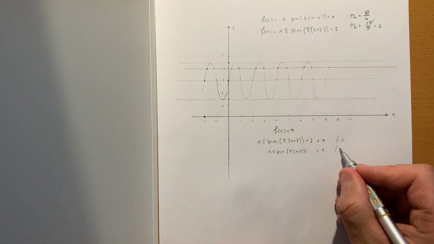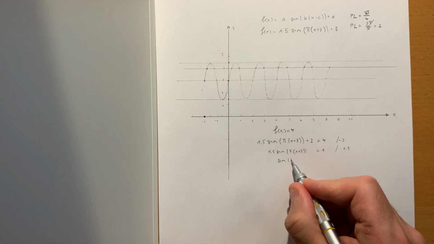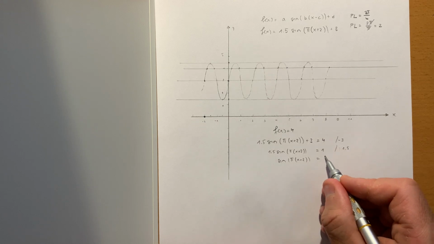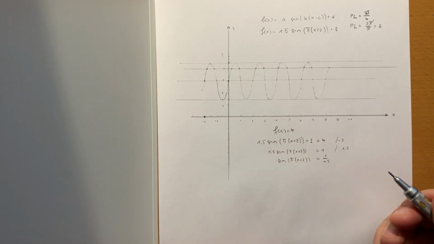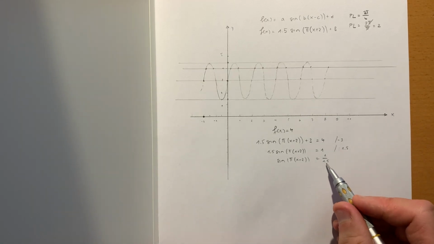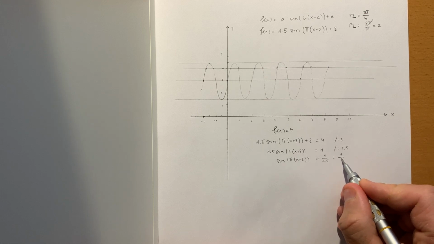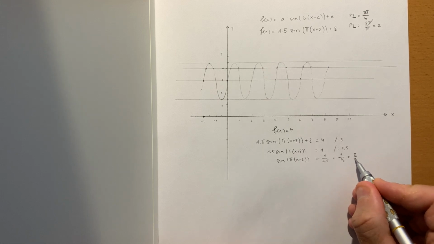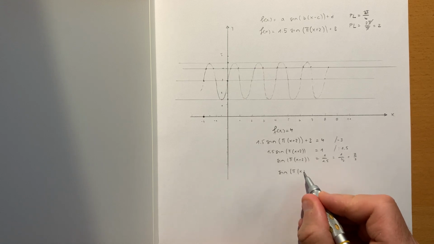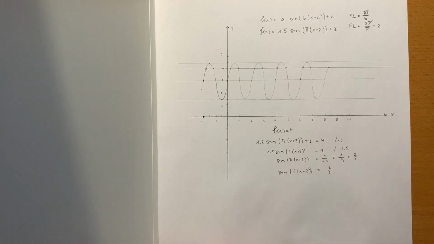Then we divide by 1.5. Sine of pi x plus 2 is 1 divided by 1.5. Well, I know many people like to leave it like this. Well, I don't like that because it's 1 divided by 3/2, so it's 2/3. So sine pi x plus 2 is equal to 2/3.